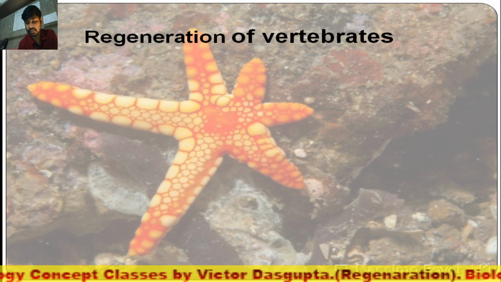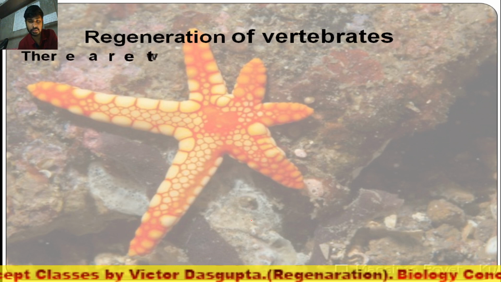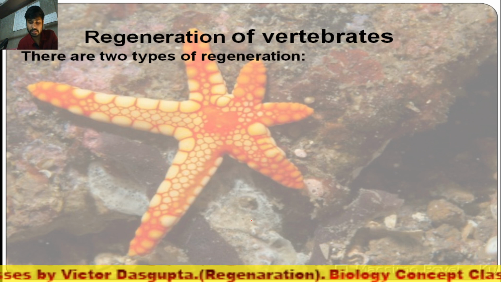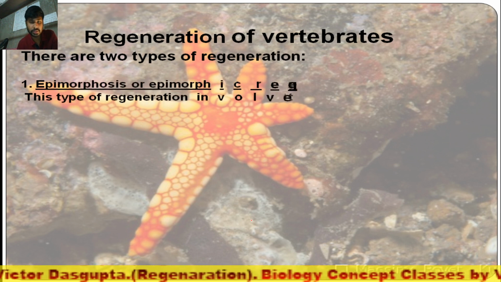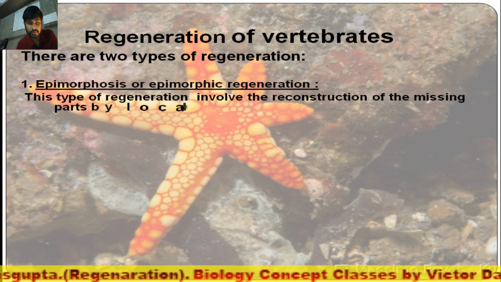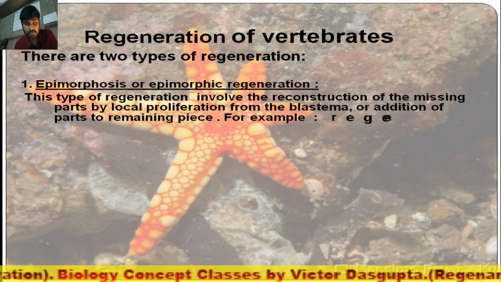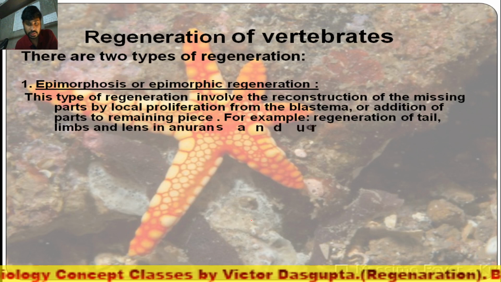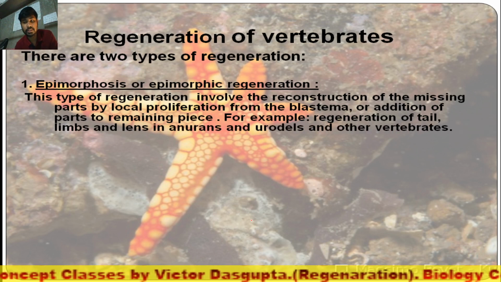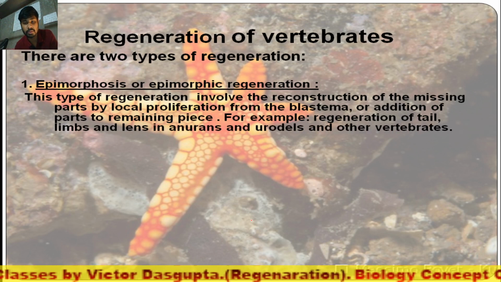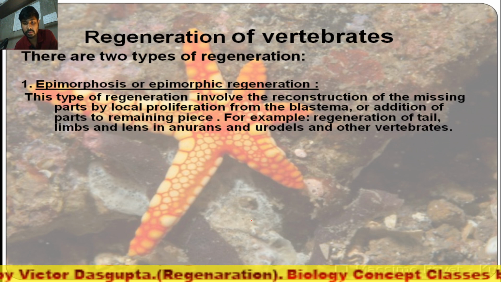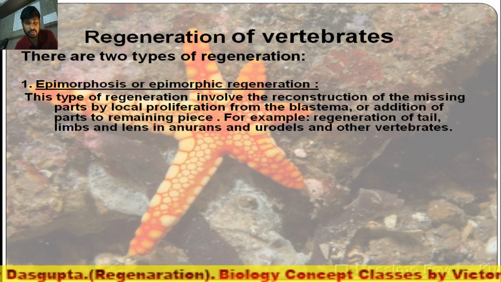Regeneration of vertebrates: we will see there are two types of regeneration. One is known as epimorphosis, or epimorphic regeneration. What is this? This type of regeneration involves the reconstruction of the missing parts by local proliferation of the blastema, or addition of parts to the remaining piece.